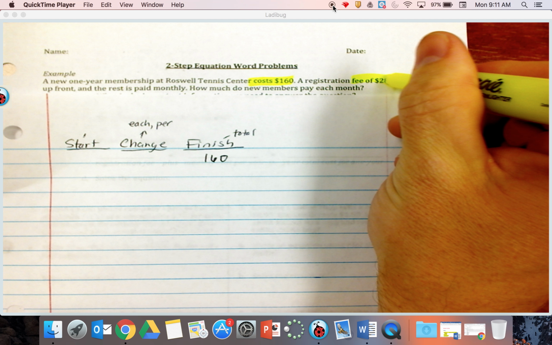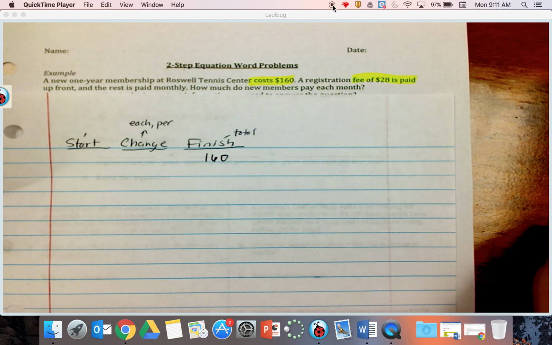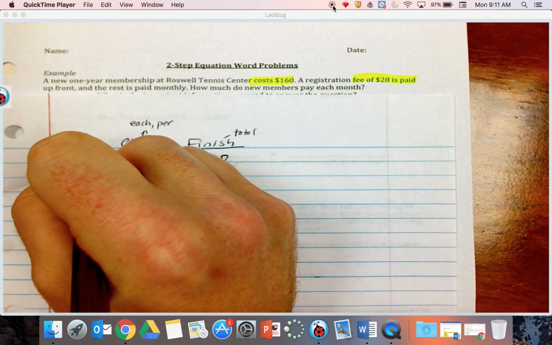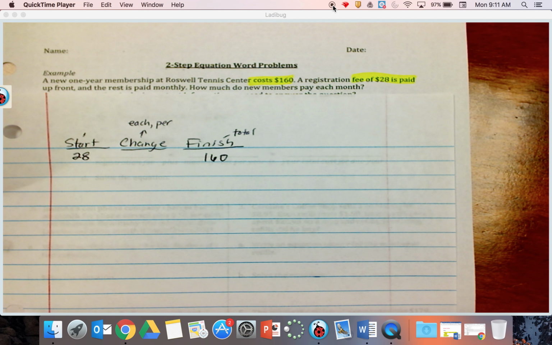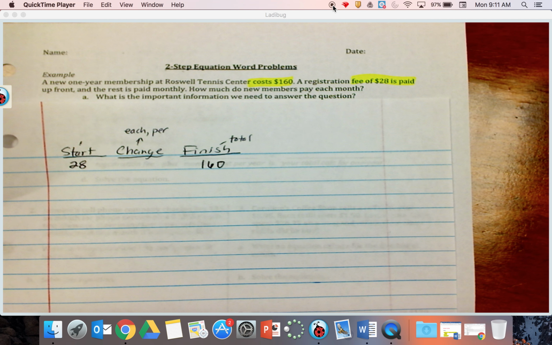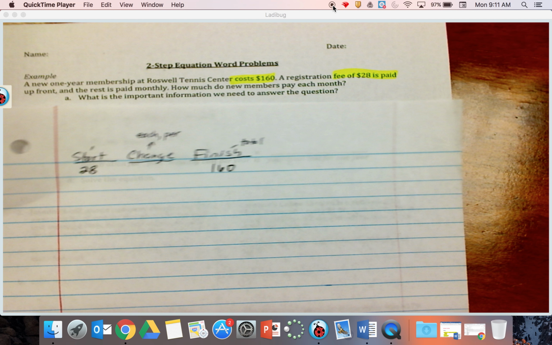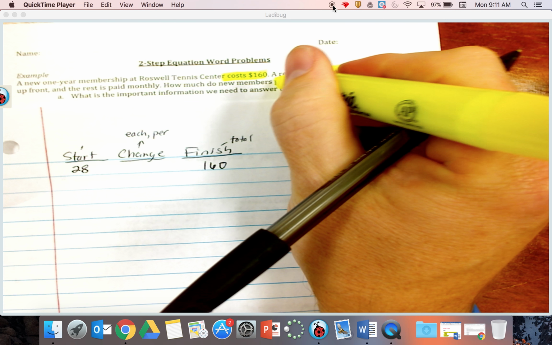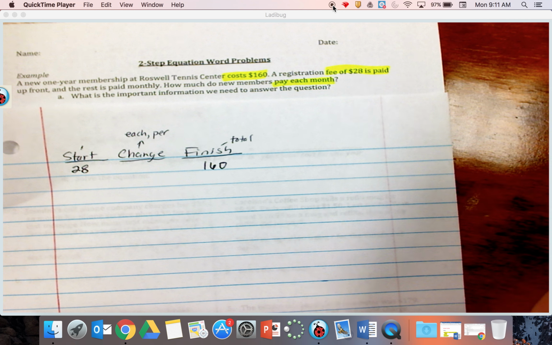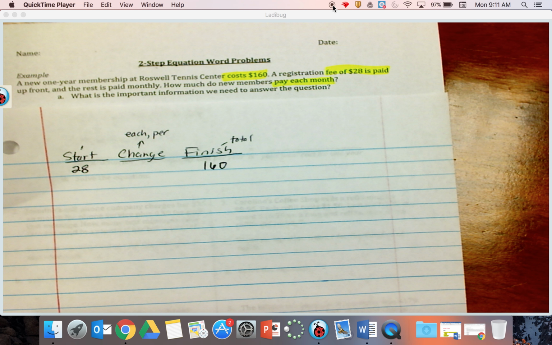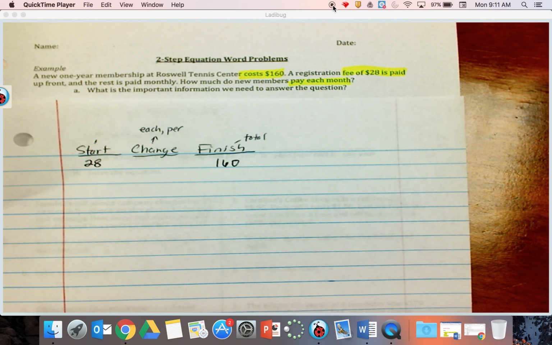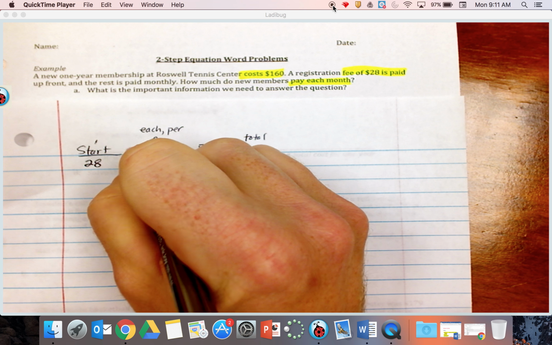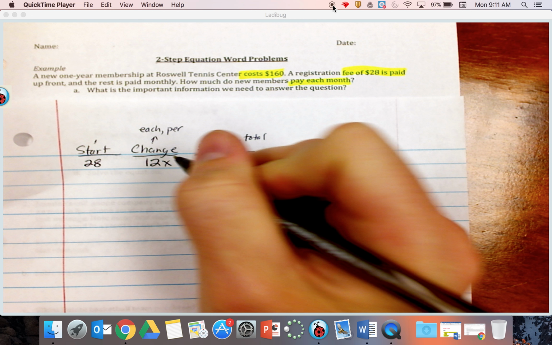So I start off by paying $28 up front, and that's my start value. And then for my change, it asks how much I pay each month. Remember, this is two steps. I have to think about a year. How many months are in a year? There are 12 months in a year. So 12x comes right there.